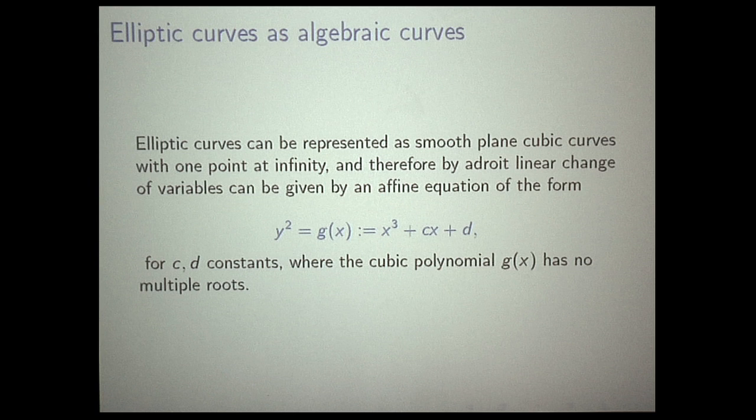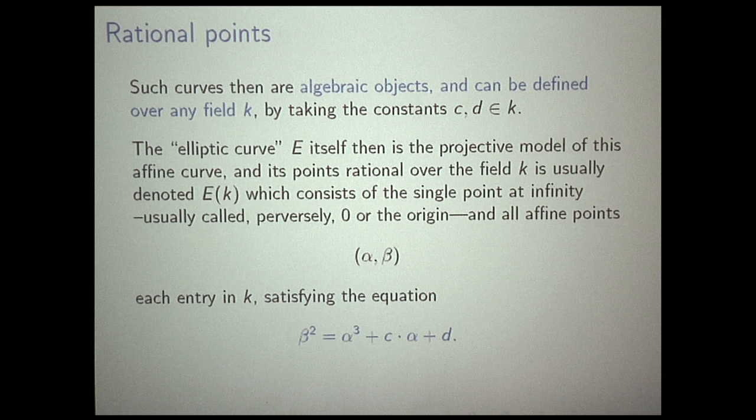So a smooth plane cubic curve with exactly one point at infinity can be expressed as an equation of the form that's in blue in the middle of that slide. The only thing you need to describe that equation are the two coefficients, c and d. Just make sure that the cubic polynomial doesn't have multiple roots, and you're in business, you've got an elliptic curve.